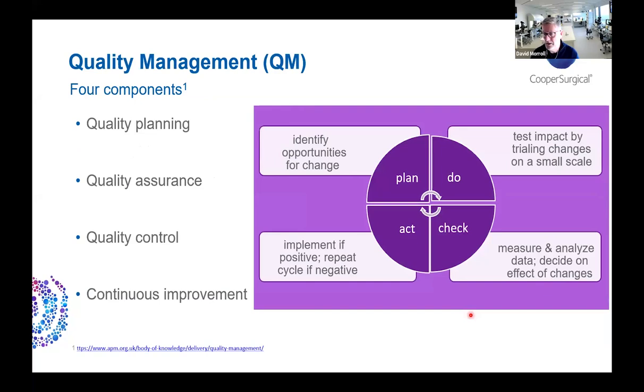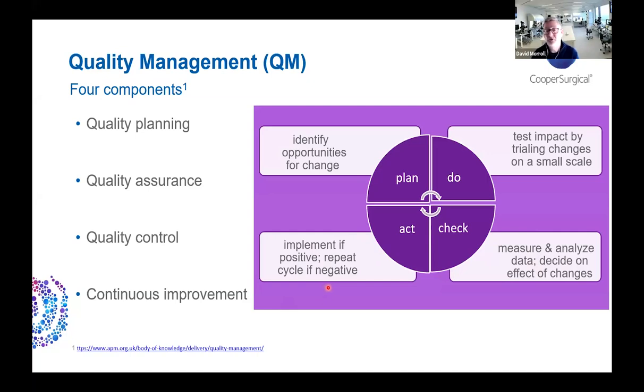So again, this is another example of a quality cycle where you plan some changes, you test those on a small scale, you analyze the data to see the impact of those changes, and then you act. You decide whether they've had a positive effect, in which case you implement them, or they've had a negative or neutral effect, in which case you move on to the next possible improvement.